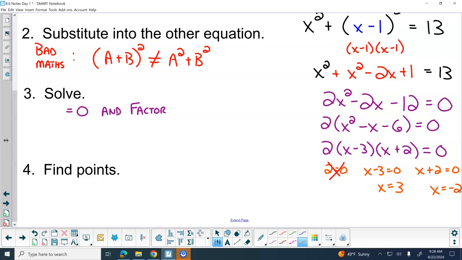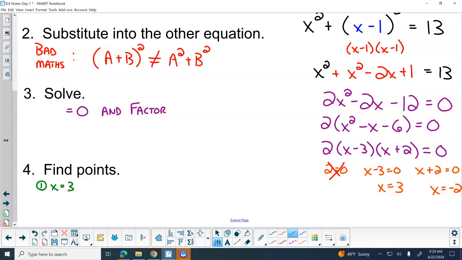Now we have to find points. So what's going to happen here is we have to plug in 3. First I'm going to plug in x equals 3 back into my system and find all of the answers that work out.